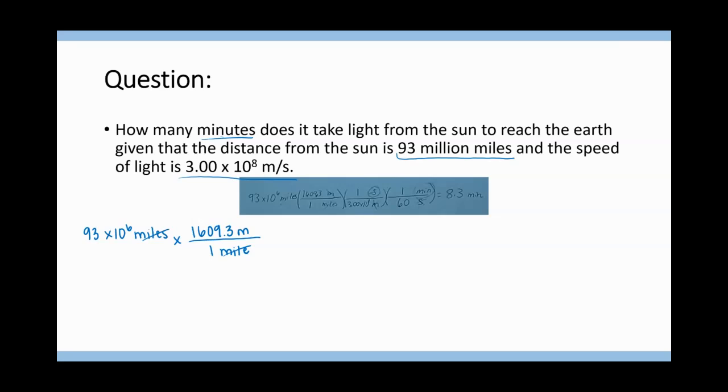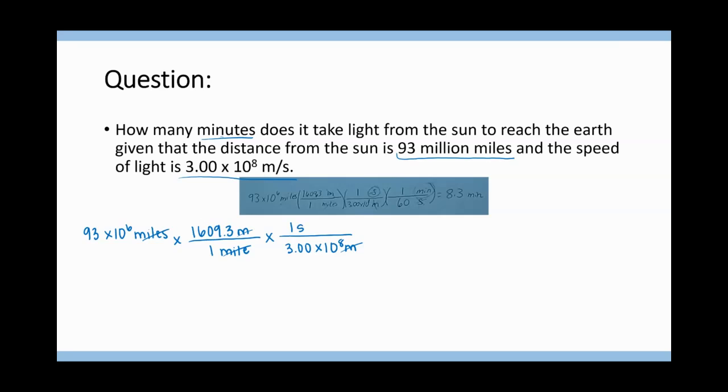So if that's how far the sun is, and the speed of light is 3 times 10 to the 8th meters per second, now we can say for every 1 second, light will travel 3.00 times 10 to the 8th meters. Now we're canceling out meters units, which is good because we're trying to get to a time unit. So now we're only in seconds.